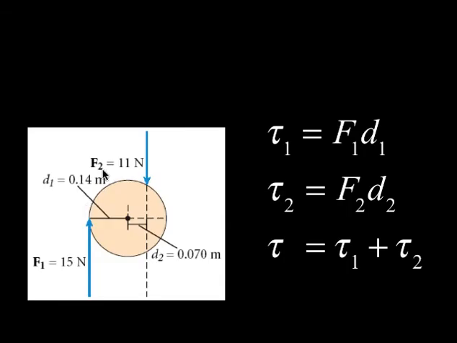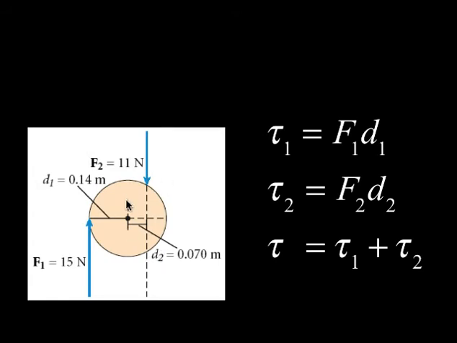What about here? If we have more than one force applied, so this is some kind of disc. You can think about this as a steering wheel, for example, and you have two hands applying forces to the wheel. 15 newtons going this way. Will it produce positive torque or negative torque? It would rotate it clockwise, right? So it would be a negative torque. And this force right here is also rotating clockwise, so this will also be negative.